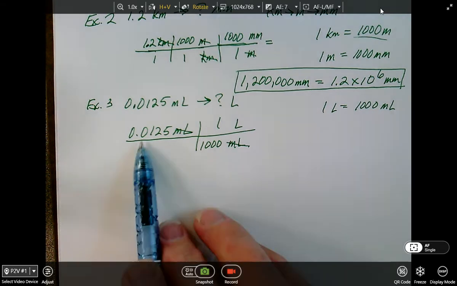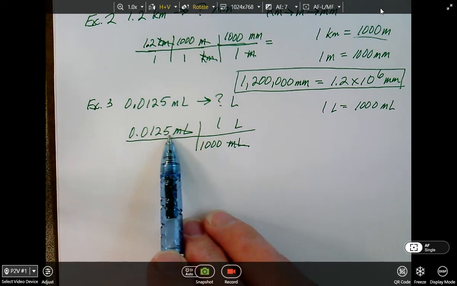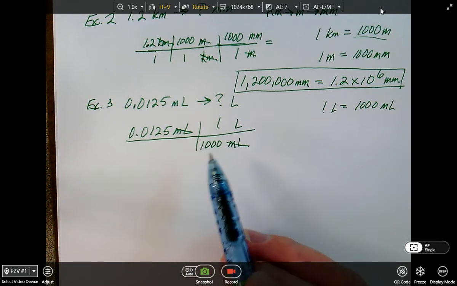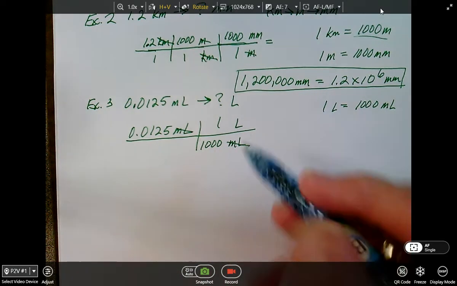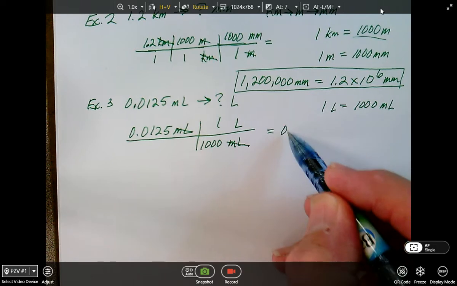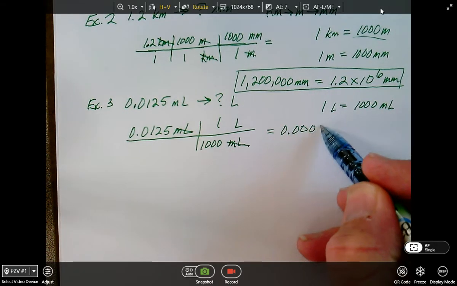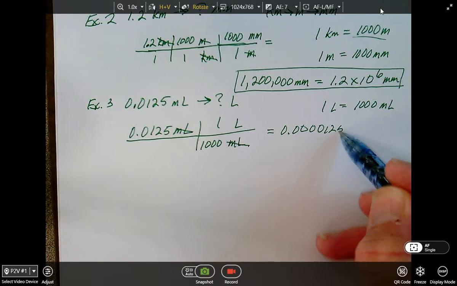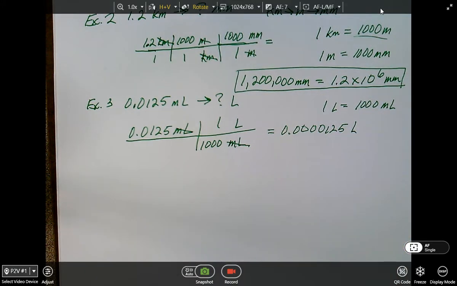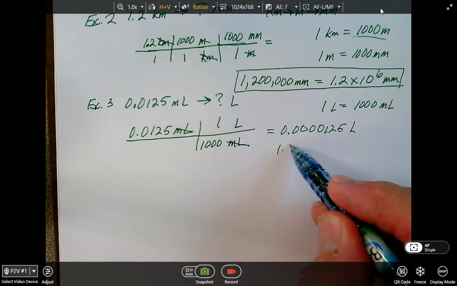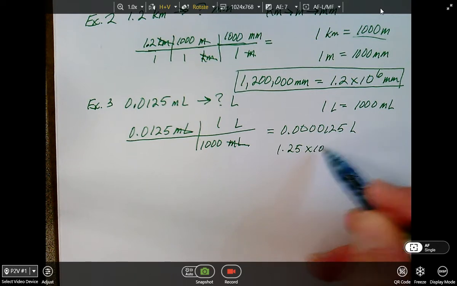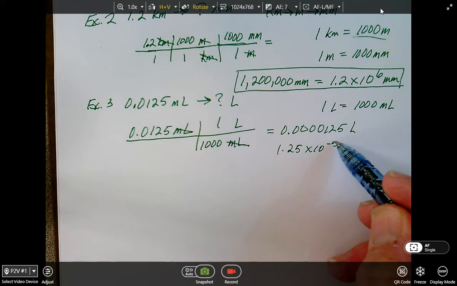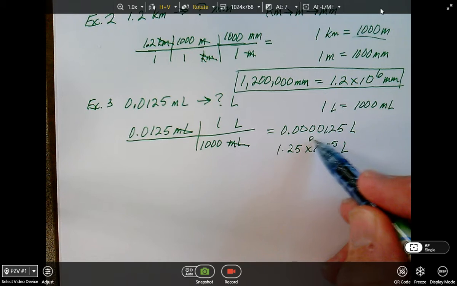So I punch in my number, 0.0125, hit divided by 1,000, okay? And what I should come up with is 0.0000125 liters, or I could call it 1.25 times 10 to the what? -5 liters. So either answer is okay.